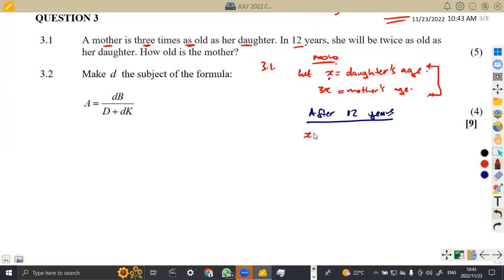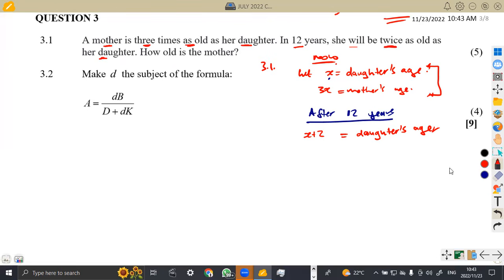So we are going to have X plus 12 as the daughter's age. But we are given that the mother will be twice as old as the daughter in 12 years time.